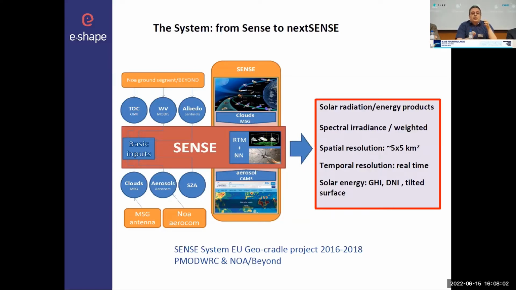Actually, we used Earth observation data, Copernicus data, and climatological variables as inputs to a radiative transfer scheme, including radiative transfer simulations and neural networks, and we were producing nowcasts of solar energy at a very high spatial resolution.